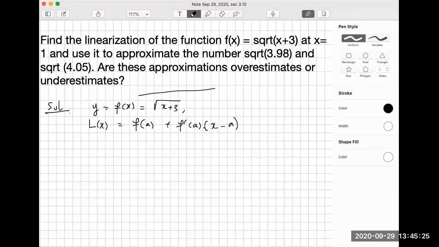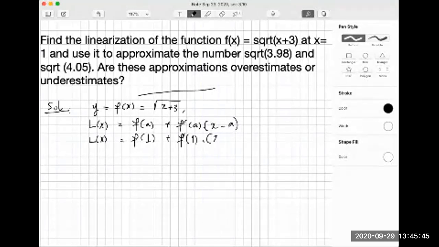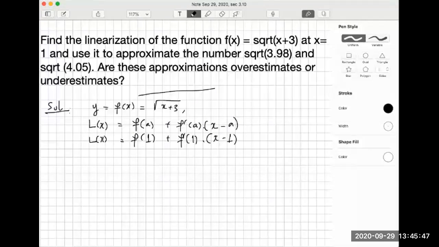And we're given that a in this situation is 1. So we need to find L(x) equal to f(1) plus f prime at 1 times x minus 1. That is what we are asked to do, right?